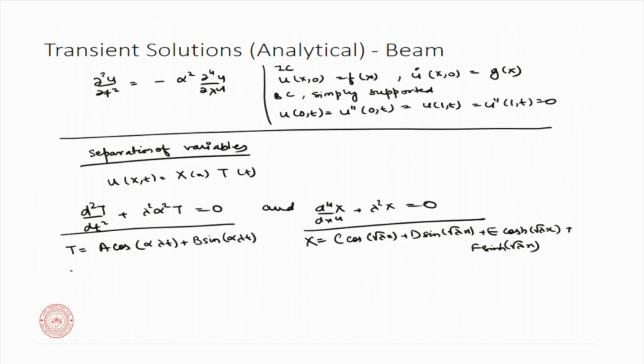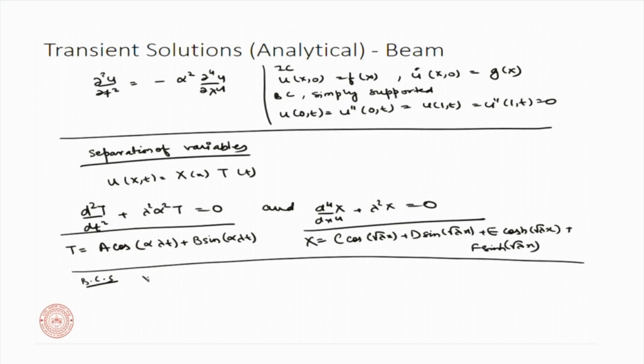Now, let us first try our boundary conditions. Let us put x equals 0, which gives c plus e, and x double prime of 0 will be the same equation, but with a minus lambda multiplied with it, equals minus c lambda plus e lambda equals 0.